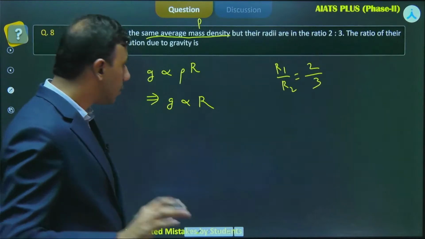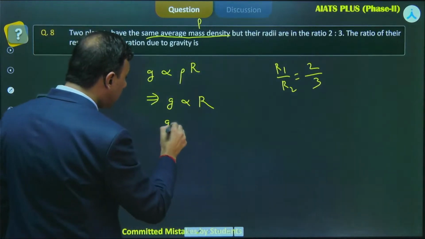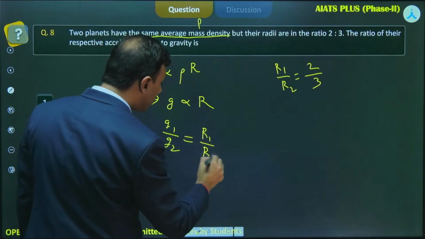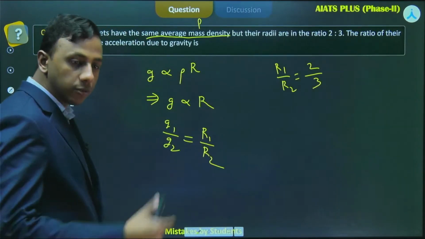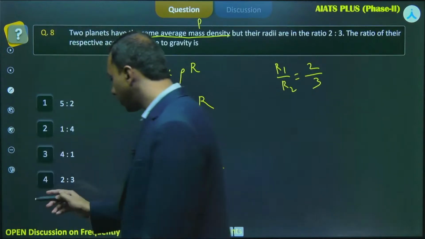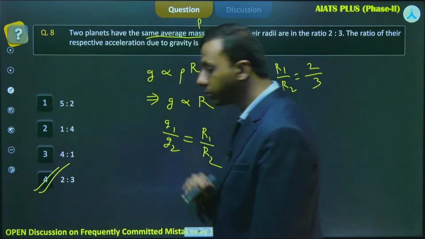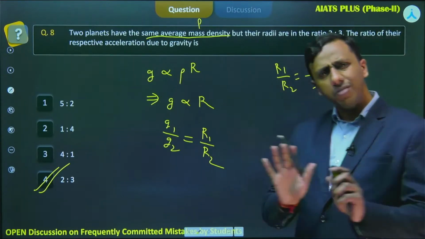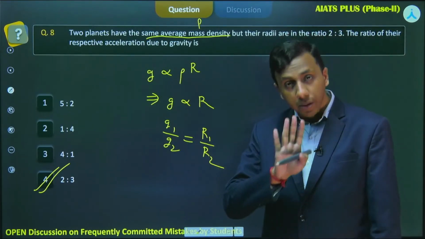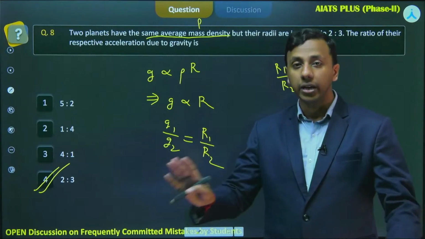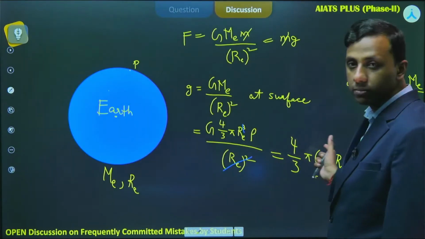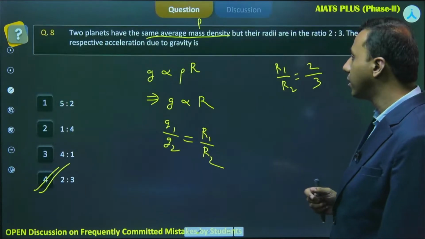That's it. So that means g1 by g2 becomes R1 by R2, which is 2 by 3. So the correct answer would become 2:3. Okay? Simple, straightforward. If you know the formula, it will be directly straightforward. You don't have to do any calculations. You can do it all in your mind itself. But you have to remember these small steps.